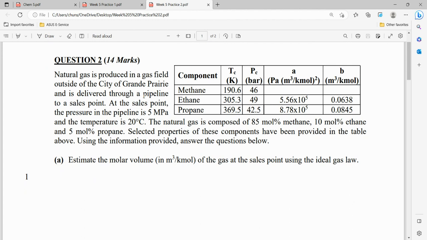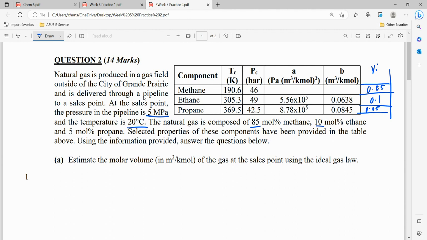At the sales point, the pressure of the pipeline is 5 megapascals. Temperature is 20 degrees. And we have our different compositions. I'm just going to write this on the side, because it's a good place to keep track of them. So methane, we have 0.85, 0.1 ethane, and we have 0.05 for propane.